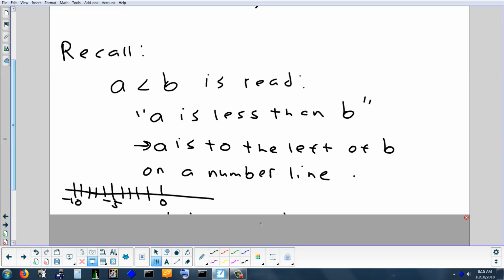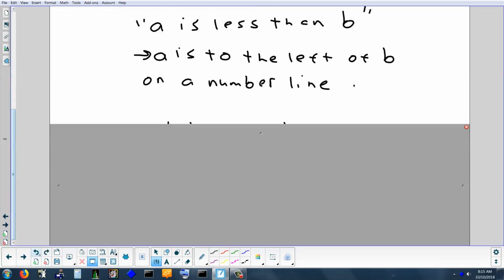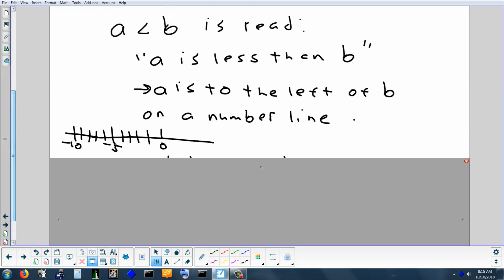Not when it's negative, right? If it's negative, negative 5 is bigger. It's always the number that's to the right, the number that's closer to 0 when you're looking at the negatives. Okay, so numbers that are to the right are bigger than numbers that are to the left. Or you can say that numbers to the left are smaller than numbers to the right.